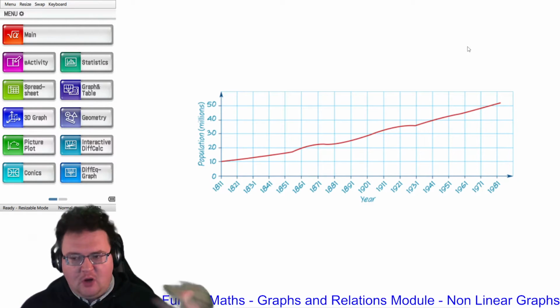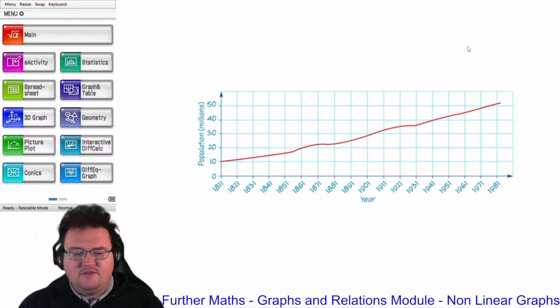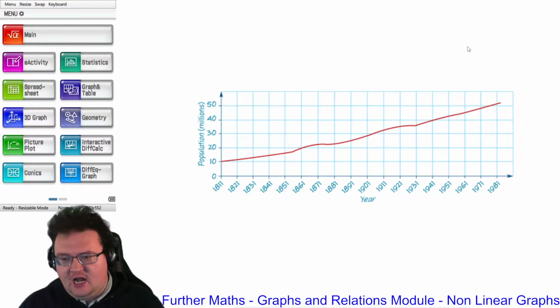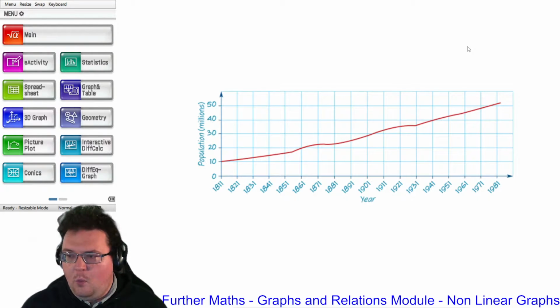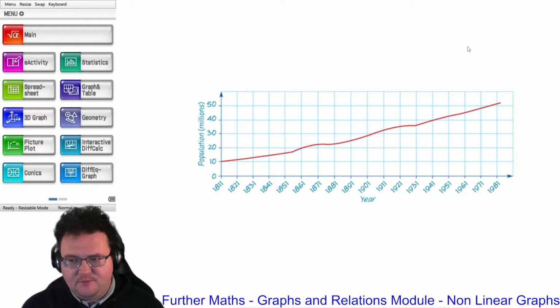So for example, this is a population chart that I've got here, covers a country from 1811 to 1981. And what I want us to think about is, what can we interpret from this graph?